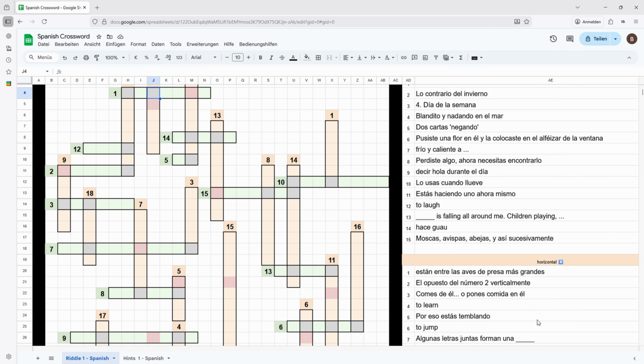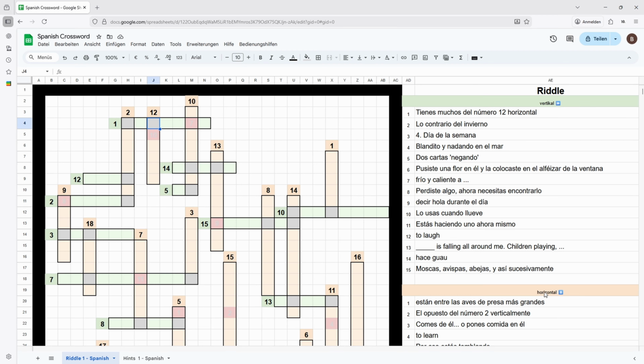Because I can also just switch it. But we have also in the clues some switching to do. We will just bear with it, so I just have it in my brain that vertical and horizontal are switched.